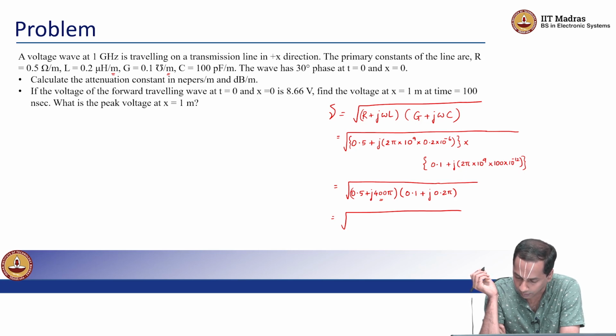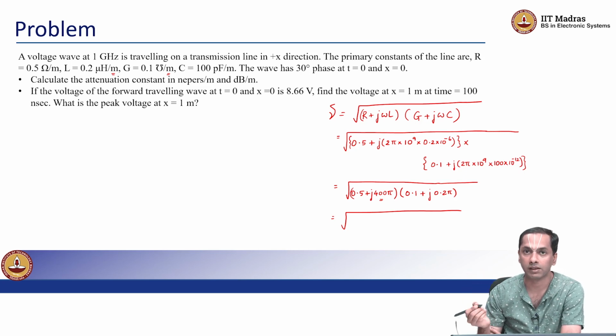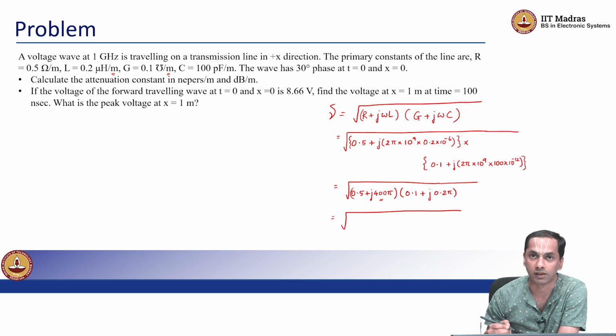So omega L of course fits the bill to be much greater than R. However, omega C we cannot quite make that comment. So we cannot go into the low loss approximation. Nevertheless, we will try to expand this, and we will keep in mind that we can always simplify when we have large numbers in comparison to small numbers.